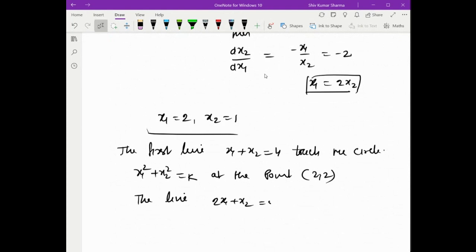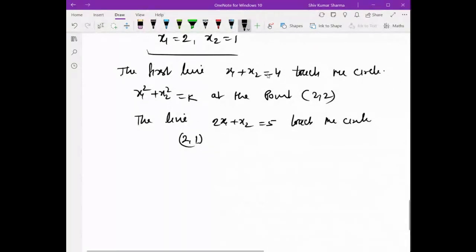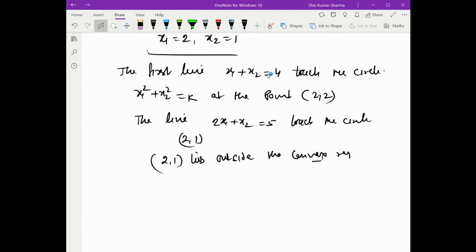and the line 2x1 plus x2 equal to 5 touches the circle at 2 comma 1. So 2 comma 1 lies outside the convex region.